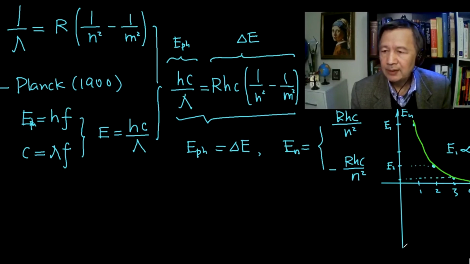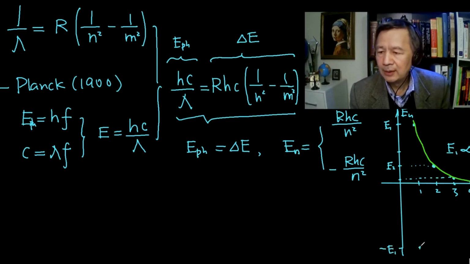Can we call this negative E1 when n equals 1? That's negative E1 here, and n equals 2 is 1/4, so negative E1 divided by 4. That would be the second point here, then the third point, and the fourth point.